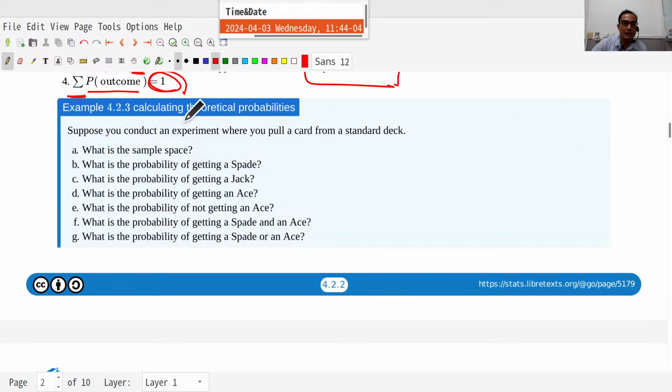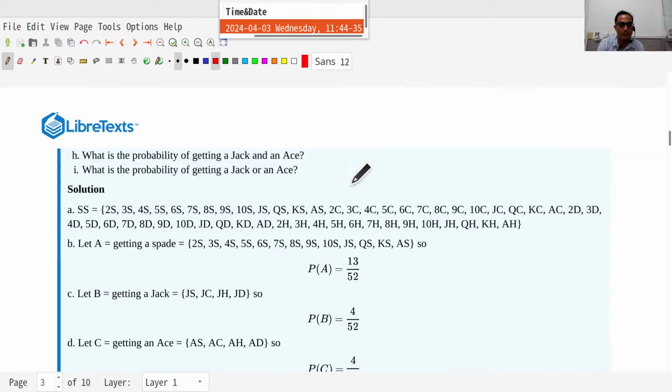Suppose you conduct an experiment where you pull a card from a standard deck. What is the sample space? What is the probability of getting a spade? We know there are spades, diamonds, clubs, and hearts, four kinds of patterns. Thus, the probability of getting a spade should be 1/4. We can check it.